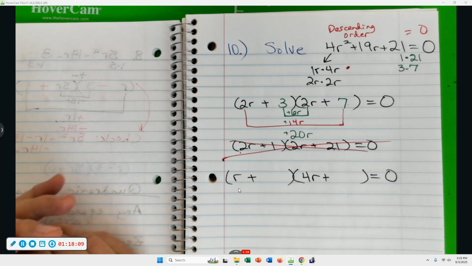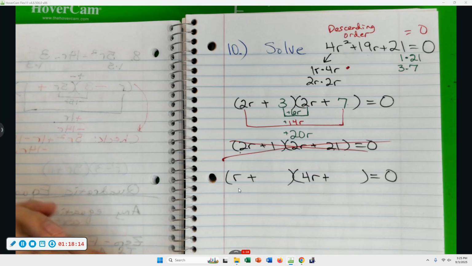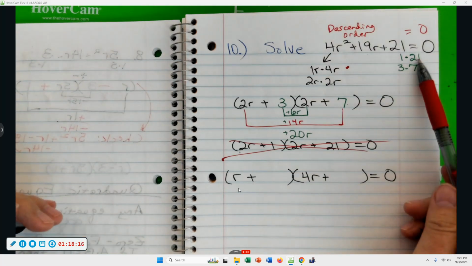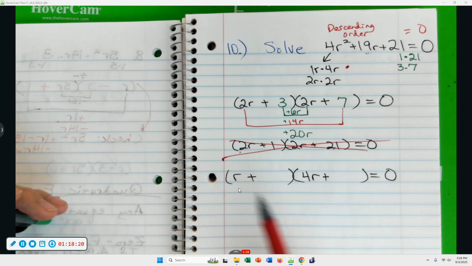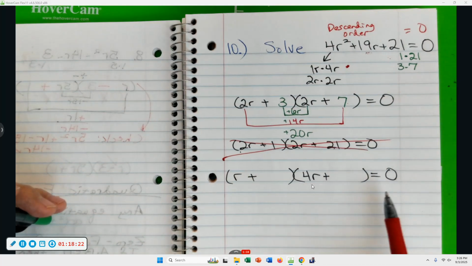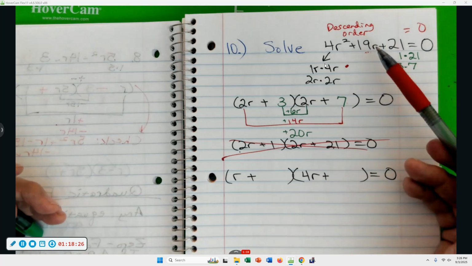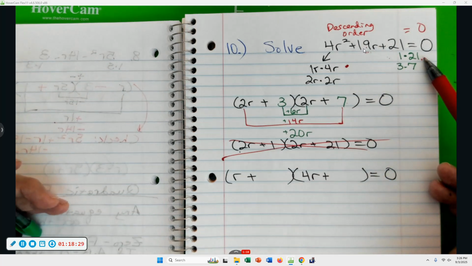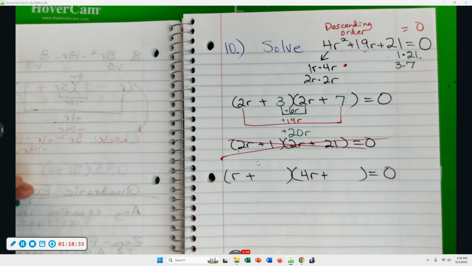Do we want to try the 3 and the 7 or the 1 and the 21? Once again, I think using a 21 would get something way bigger than 19, because all the stuff is positive. We'd be taking 21 times something and adding more to it. So 1 and 21 can't possibly work. If it's factorable, we're going to have to use the 3 and the 7.